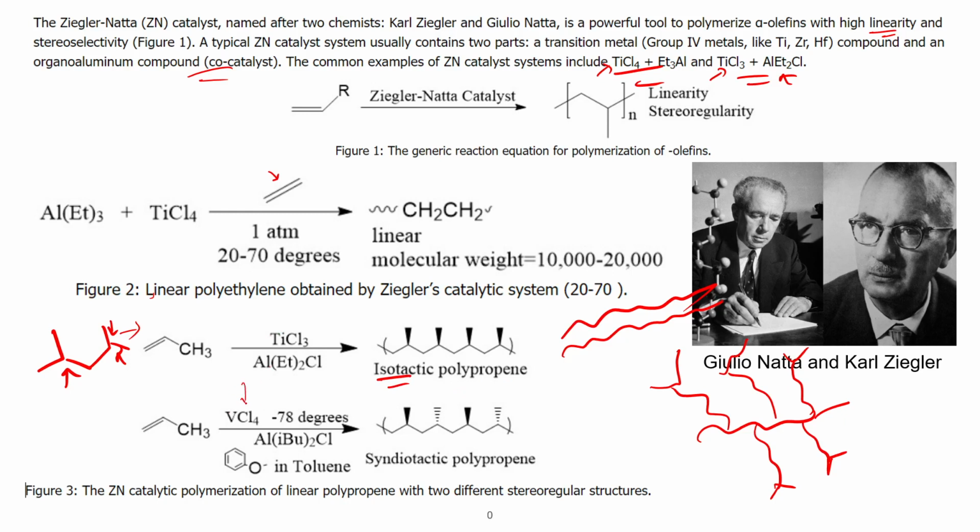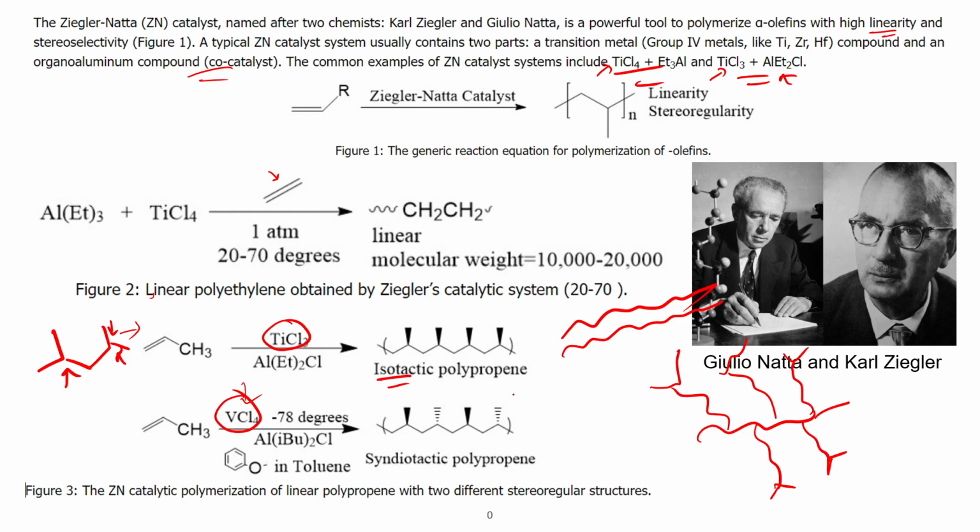And if you use a vanadium-based reagent, then you would expect to form syndiotactic units. But the important thing here is that by varying this reagent, we can control the structure of your chain, and obviously that would dictate the ultimate outcome of your material.